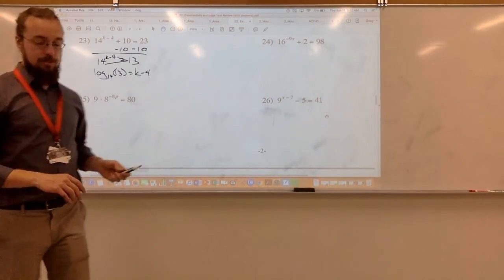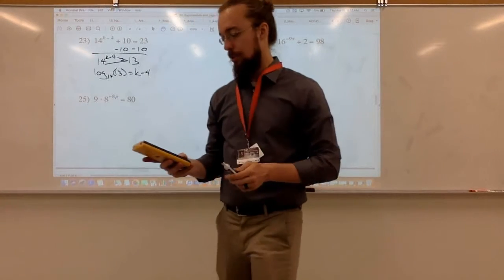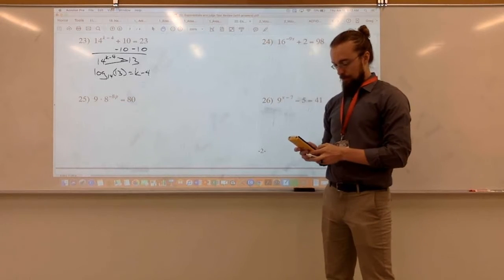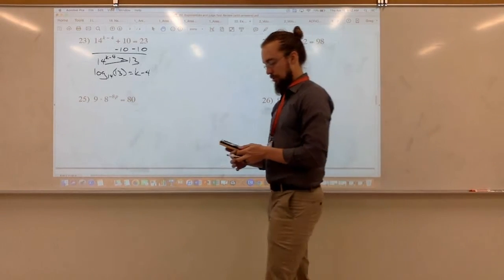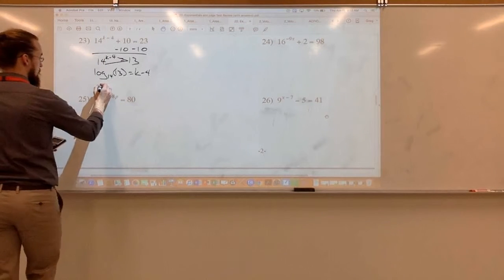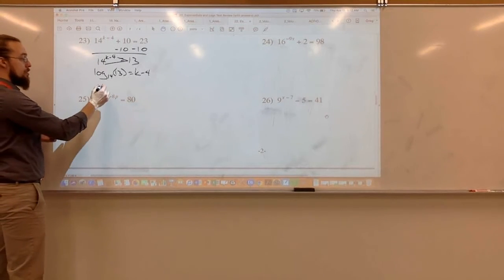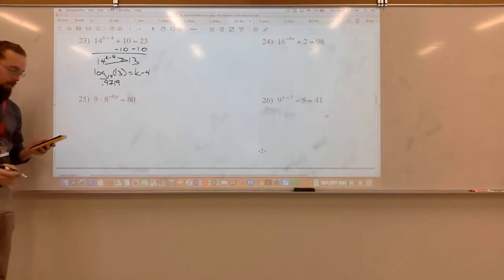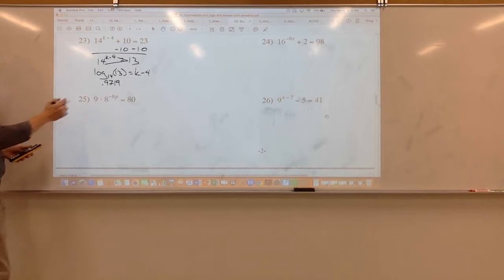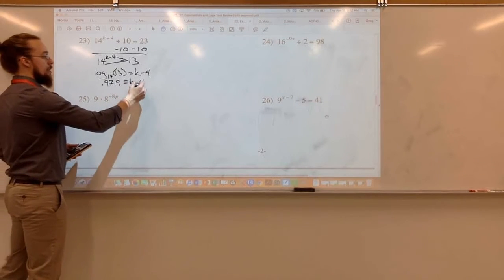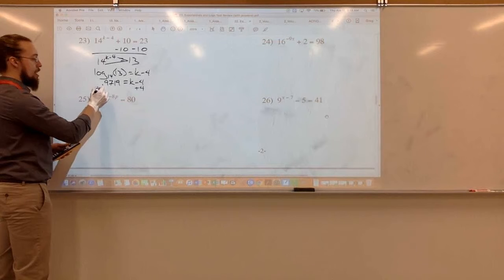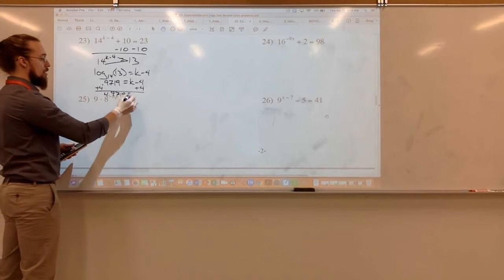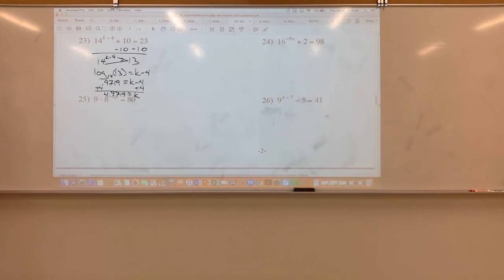So if we put this in the calculator, log base 14 of 13, what do we get? 0.9719. Then I've got one more step. I would add 4 to both sides, and we would just end up with 4.9719 is equal to k.